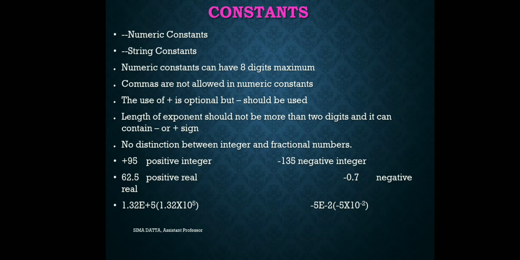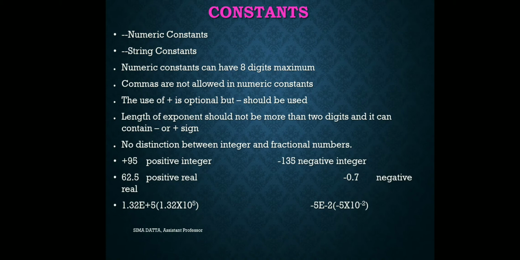The length of the exponent should not be more than 2 digits and it contains a minus or plus sign. To write an exponential number you need to use the plus or minus symbol. There is no distinction between integer and fractional numbers.